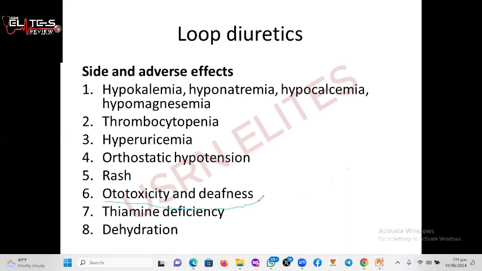And because of that, if someone is taking loop diuretics, it says that in order to prevent the ototoxicity and then the deafness, you need to give the medication slowly over a period of, I think, 2 to 5 minutes, to prevent the ototoxicity. But in our setting here, you know that someone is taking furosemide, you just go straight ahead, push it by, and then you are good to go.